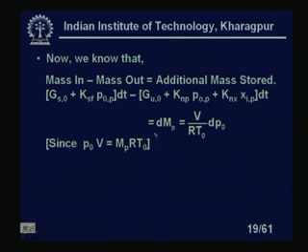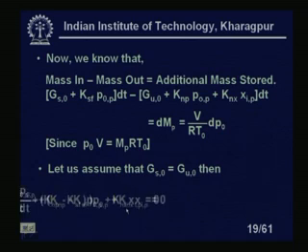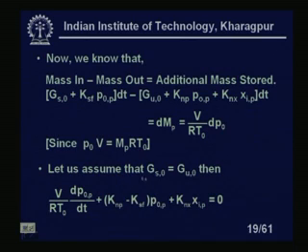Now, from the gas theory we know that PO V equal to m R T0. So, we can write V by RT0 equal to dP. Let us assume that GS0 equal to GU0, that means initially the mass flow rate coming in and going out is the same.